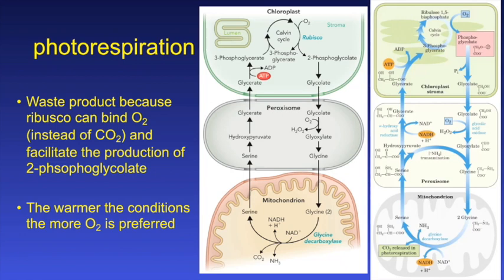And so if it does pick up oxygen, it will create my 3-phosphoglycerate, which I want, and I get a 2-phosphoglycerate. That is not what I want. That is kind of a waste product. I have to convert that, put it in the peroxisome, convert it, make it an amino acid, send it to the mitochondria, react it back to get an amino acid, send that amino acid back to the peroxisome, do a reaction, reconvert it into glycerate, go all the way back up to glycerate, use an extra ATP to make the second 3-phosphoglycerate.